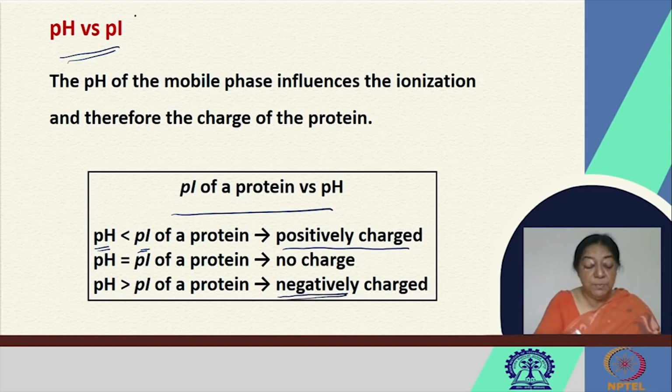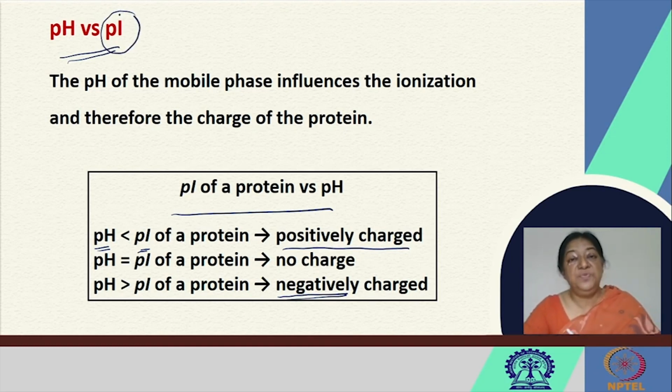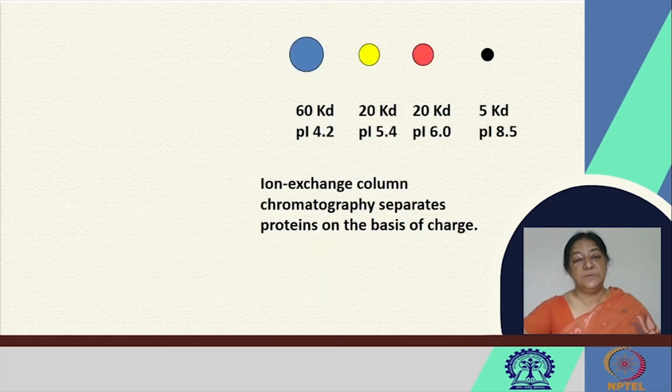So depending upon the pI of our protein of interest, if we are aware of it, say we know it is an acidic protein or a basic protein, based on that we can choose the pH at which we are going to conduct our ion exchange chromatography experiment.